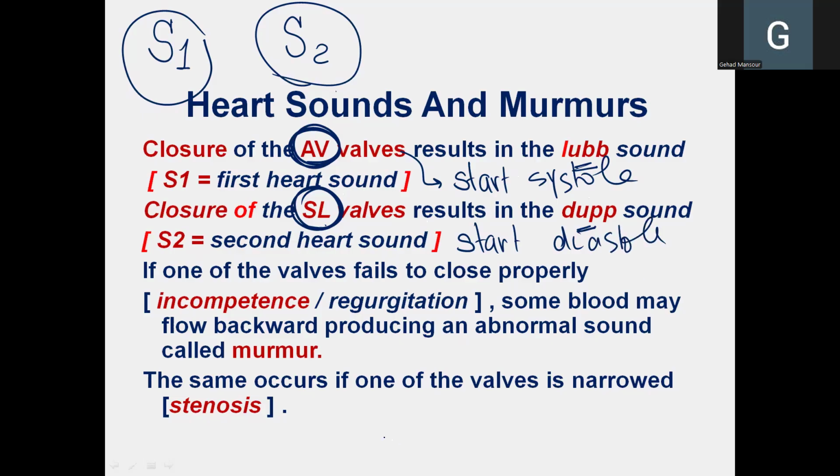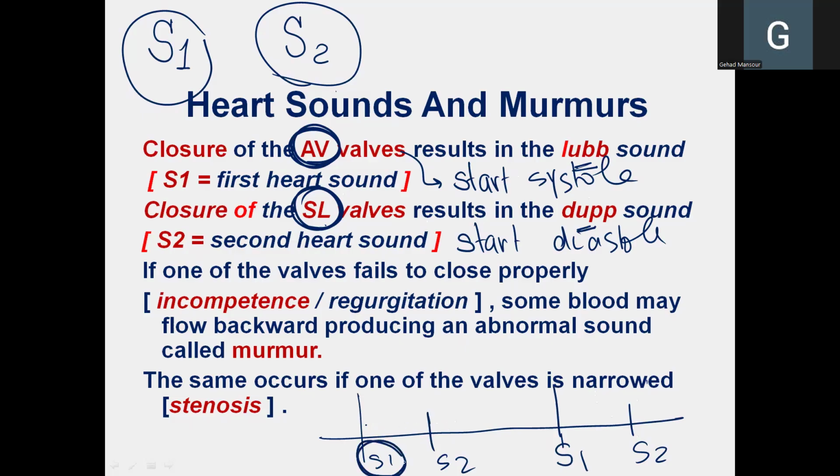Of course, as you know, if we draw an audiogram of the first heart sound and the second heart sound, and then the next cycle, S1 and S2, you will find that the first heart sound is closure of the atrioventricular valves at the beginning of systole.